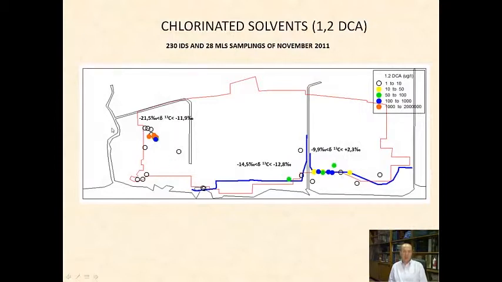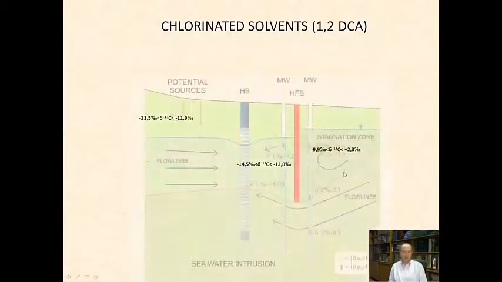As you can see, the delta 13 value is different. In the source area we have very depleted values, we have intermediate values in this central area, and we have enriched values in this area where the biodegradation rate is high, and the hydraulic barrier and of course the physical barrier act to separate the groundwater flow.